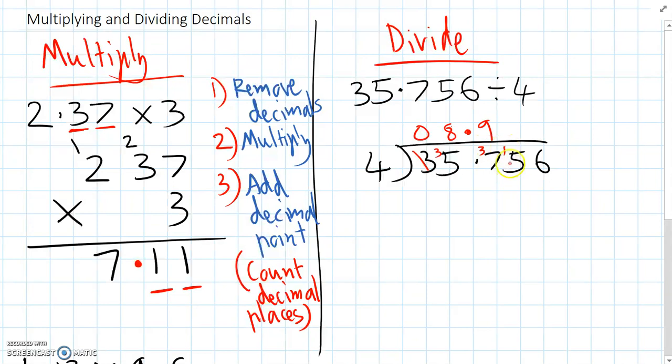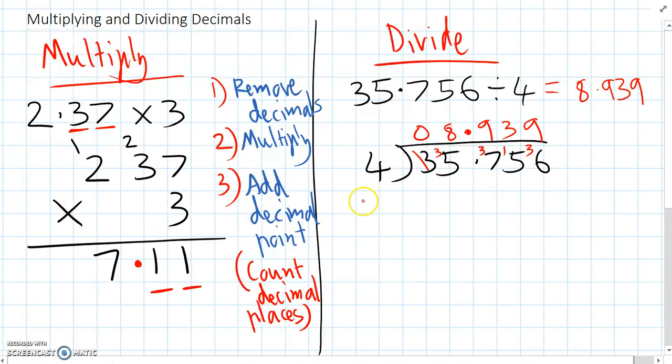How many 4s in 15? 4 3s are 12. So 3 with 3 left over. How many 4s in 36? 9. So our answer there is 8.939. So dividing decimals by a whole number, use normal short division.